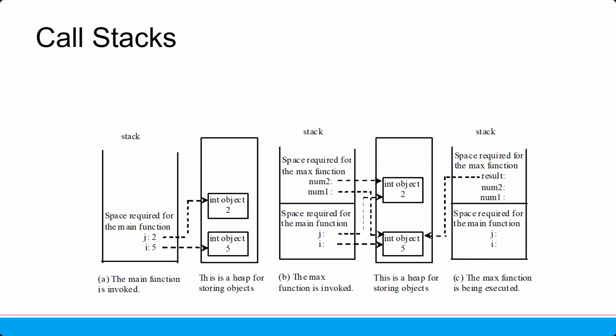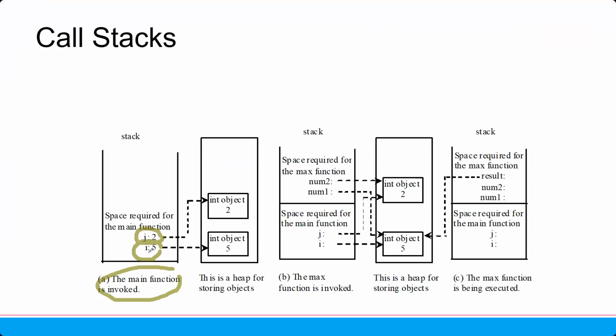Actually, there's what we call a stack in the computer. They have a mechanism for how to invoke the objects, i and j, and how the computer receives them into memory.